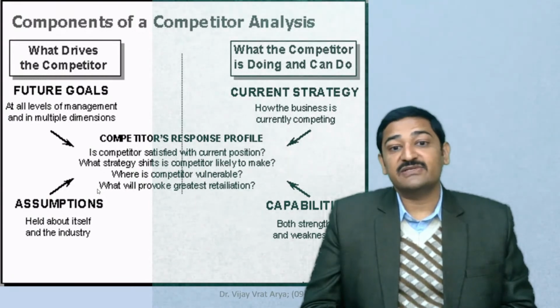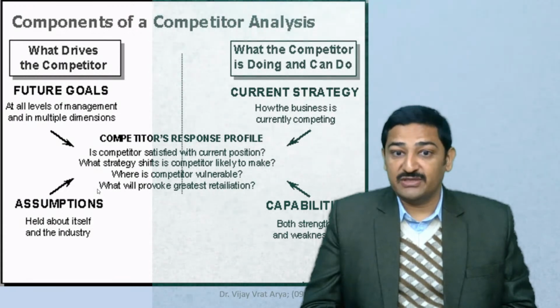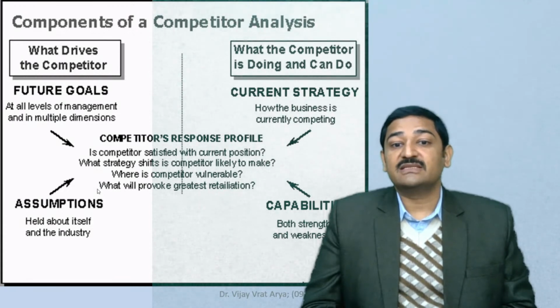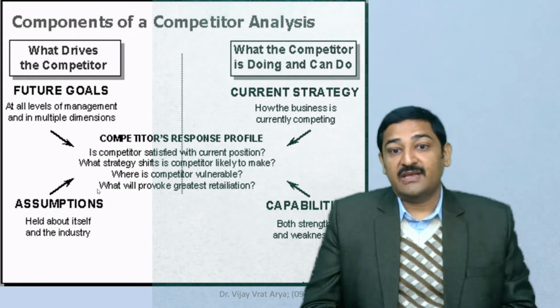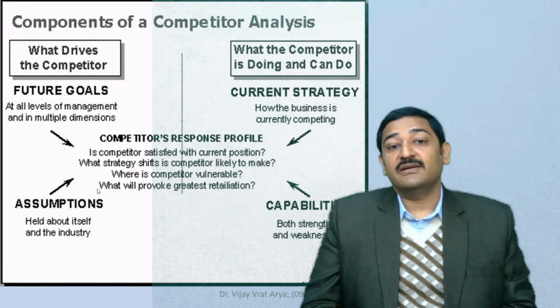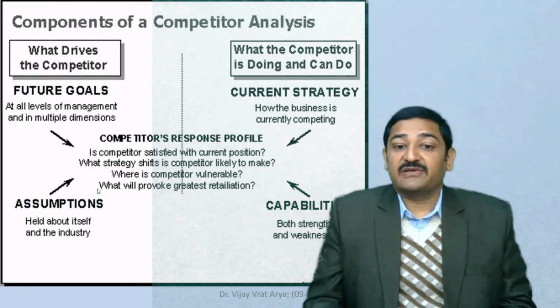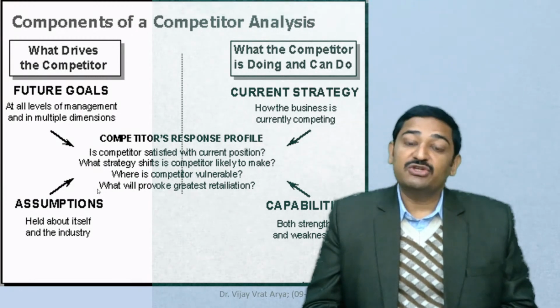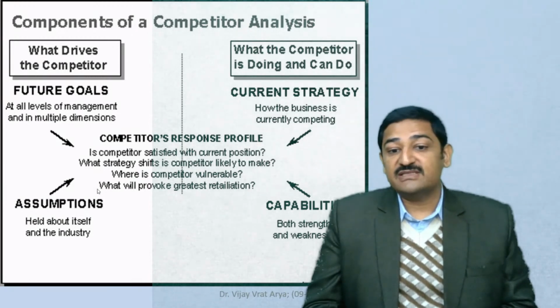One is current strategy, which is basically answered with the question how the business is currently competing. The second component under this aspect is the capabilities, which talk about the strengths and the weaknesses of the competitor.